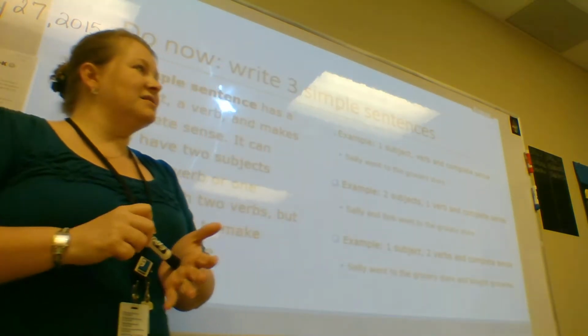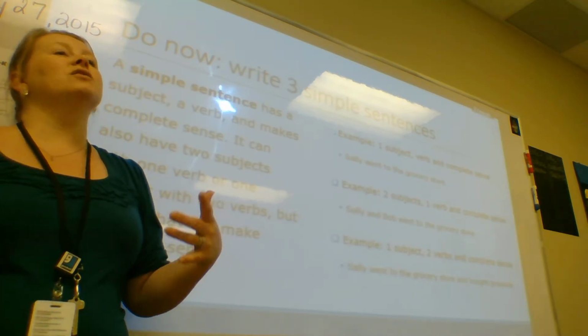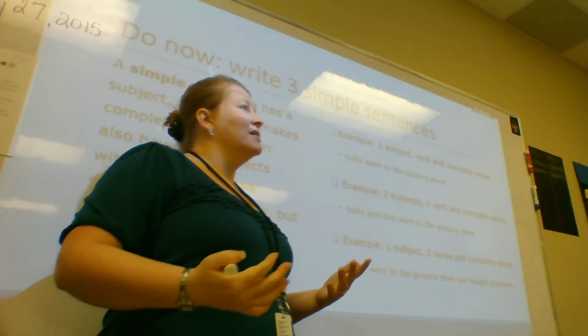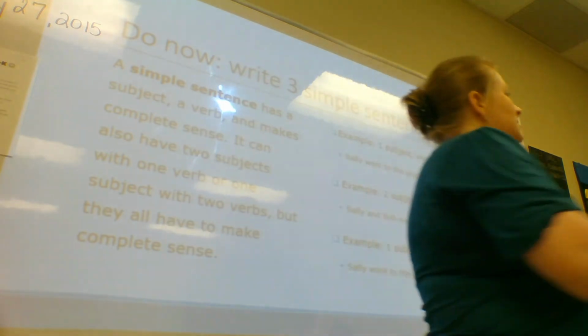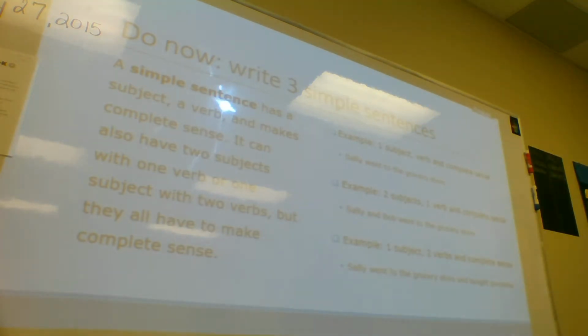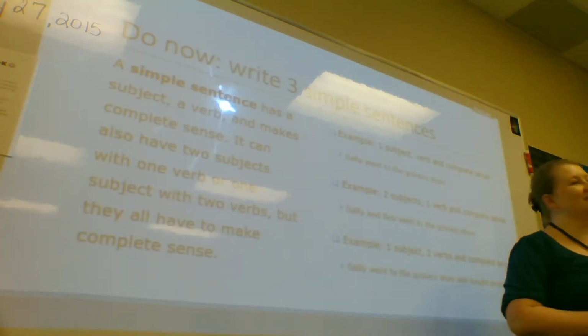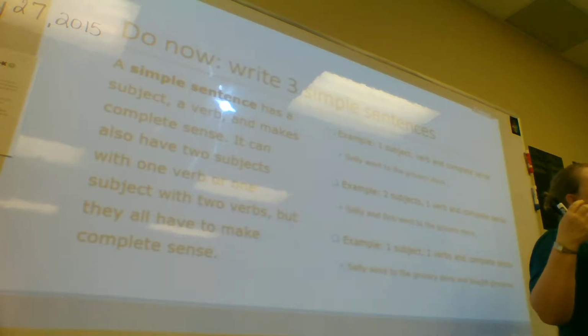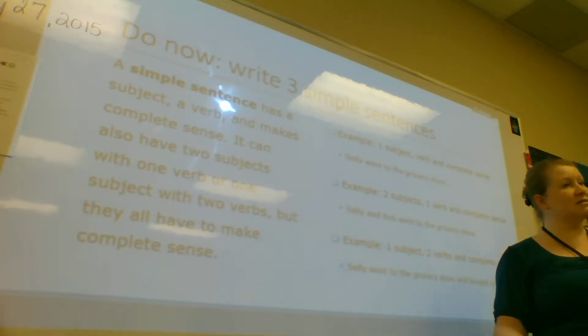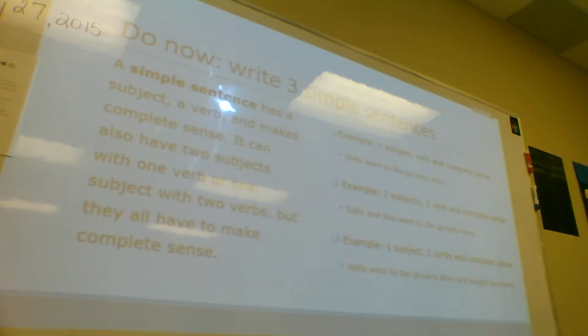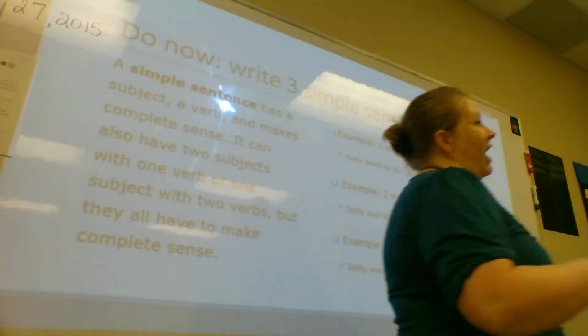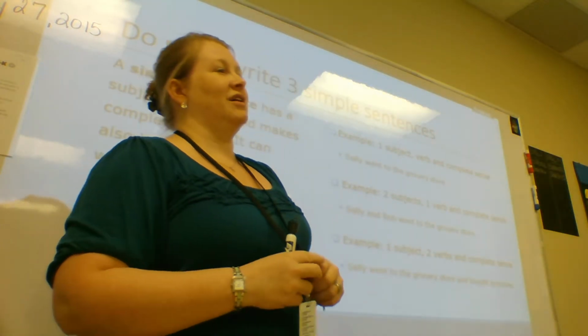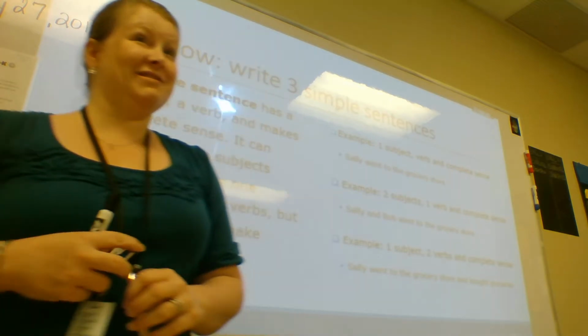A simple sentence is just that. It's only composed of a few parts. Simple sentences are used when you have more complicated ideas or you have a younger audience. I grew up, I'm going to tell you my age again, I grew up with Dick and Jane books.